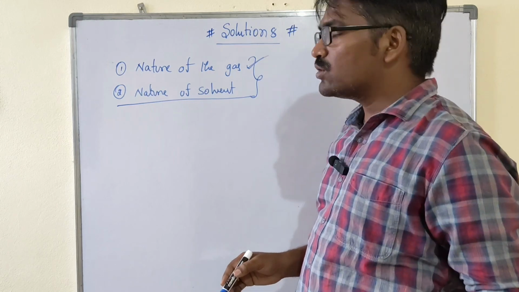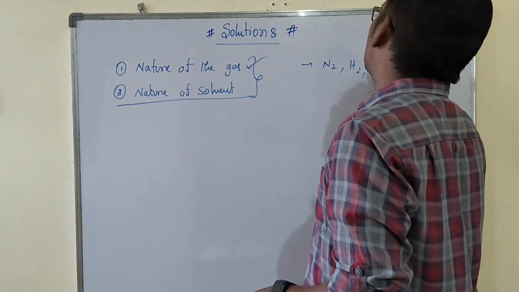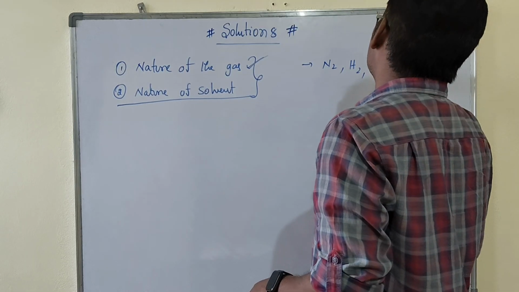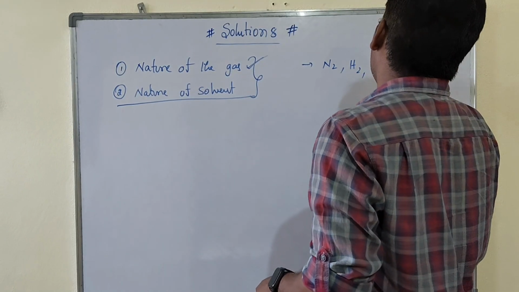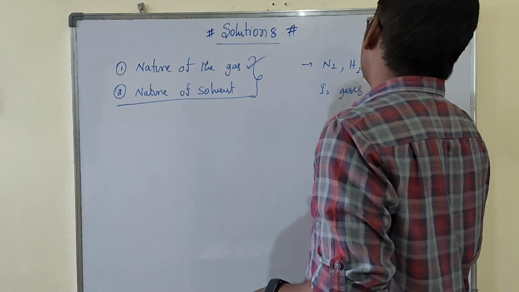So some of the diatomic gases such as N2, H2, O2, Cl2, Br2, then I2, all these gases we are calling permanent gases.